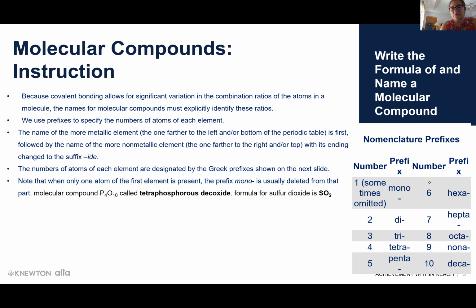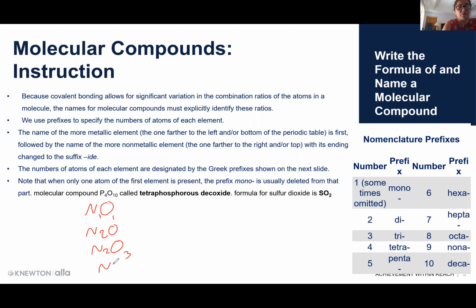For naming molecular compounds, you have to worry about prefixes, and you use the prefixes di, tri, and penta to show how many of each you have, because you could have variable subscripts. Like you could have nitrogen with 1 oxygen, 2 nitrogen with 1 oxygen, 2 nitrogen with 3 oxygen.